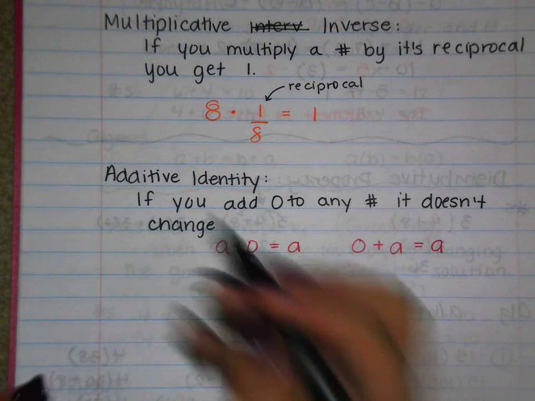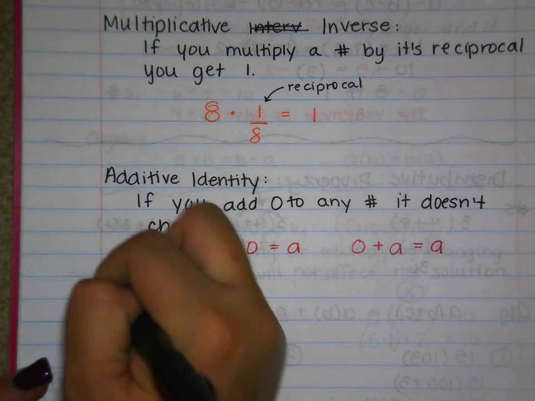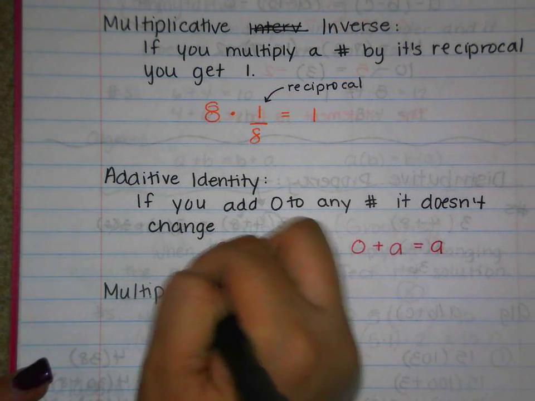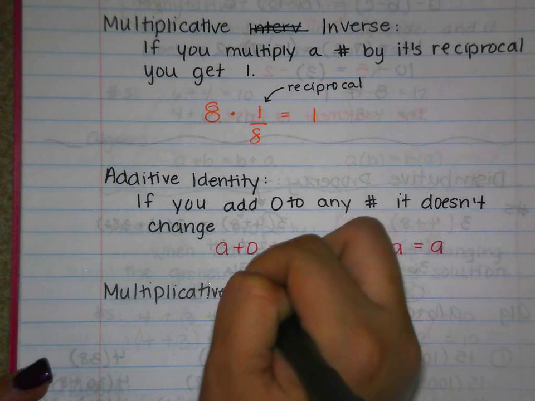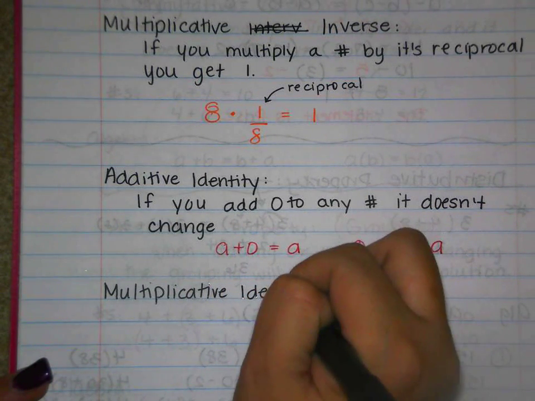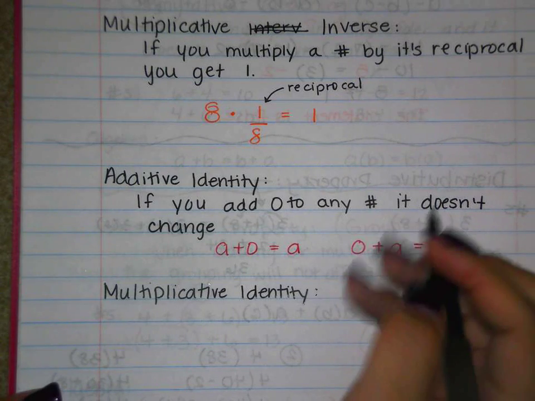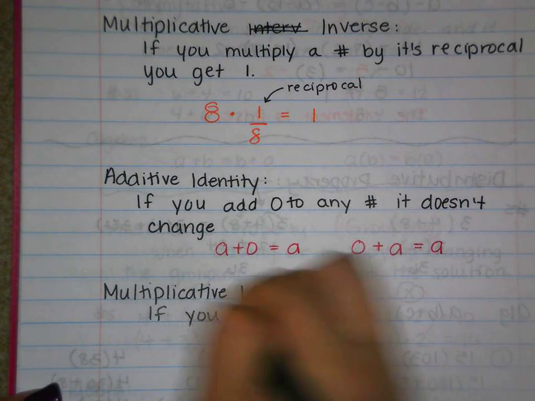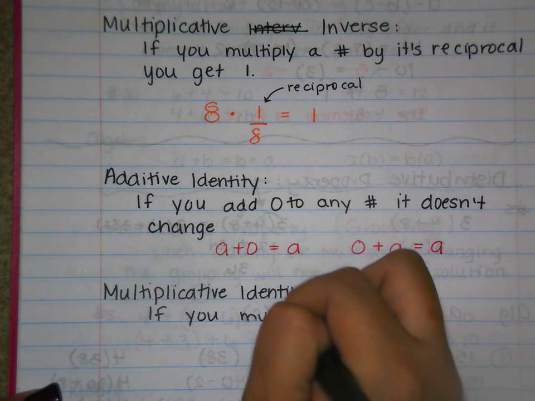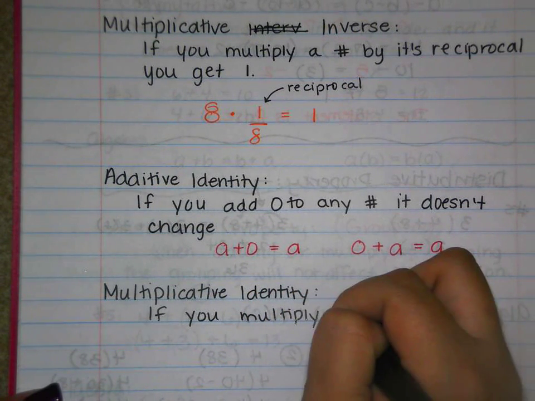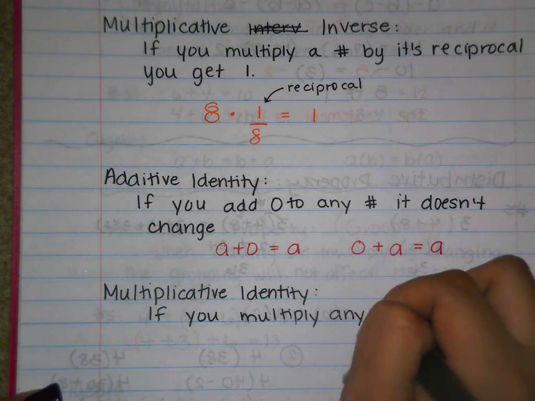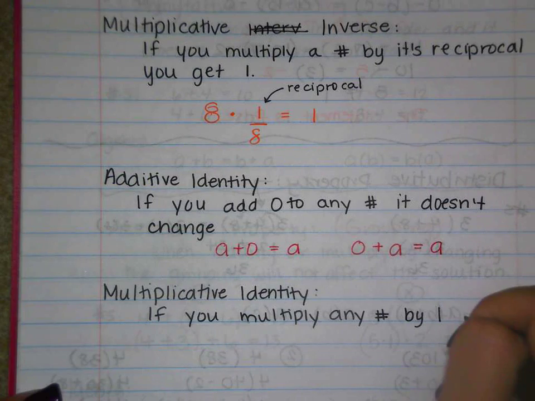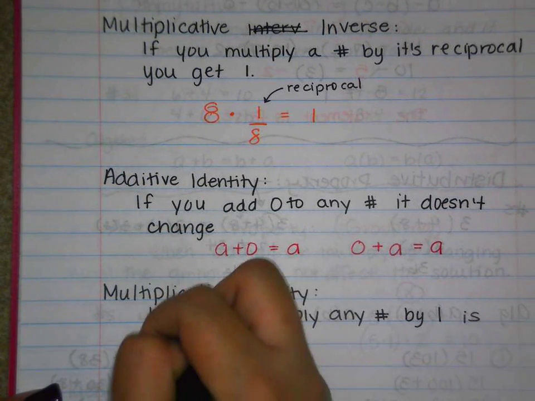And last, we have the multiplicative identity. The multiplicative identity is going to be related to the additive identity. It says if you multiply any number by 1, it does not change.